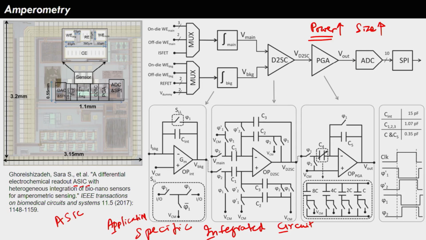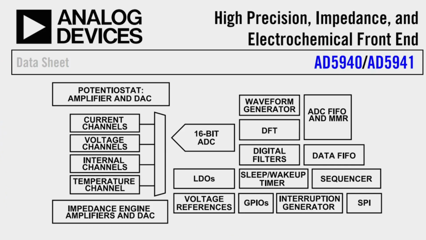Okay, so this is a much more detailed block diagram of the AD5940 where you have the current channels. What type of electrochemical method uses current, generates current? Amperometry, very good.